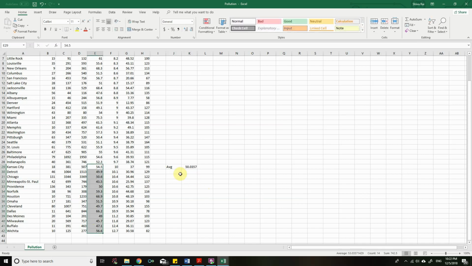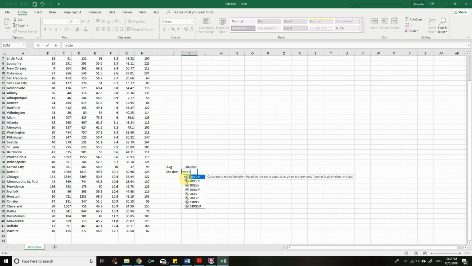Standard deviation is equal to STDEV of 29 up to 42. So that's the standard deviation.